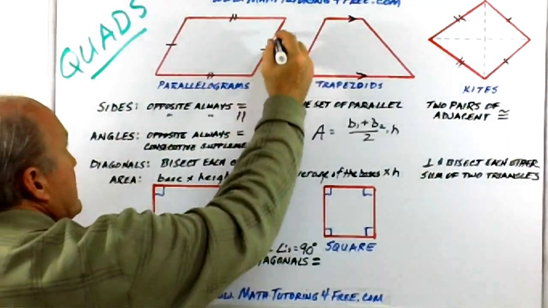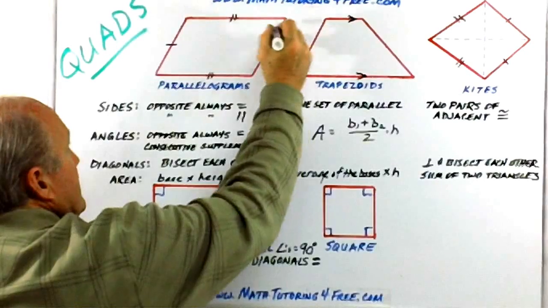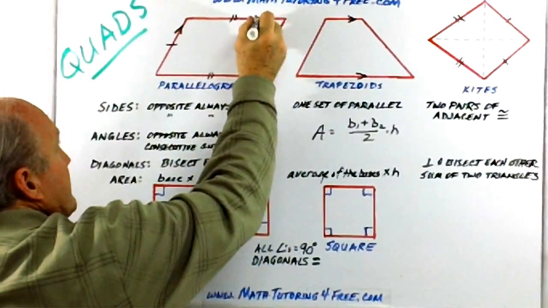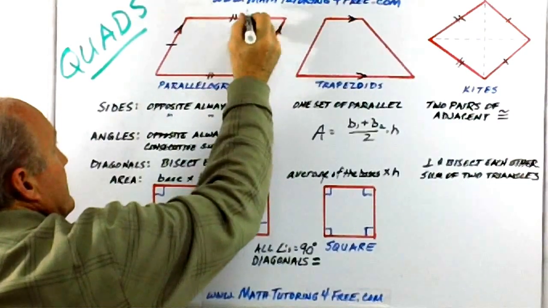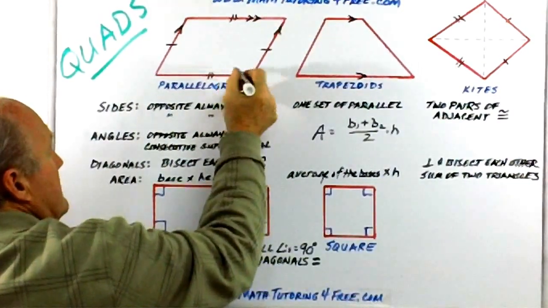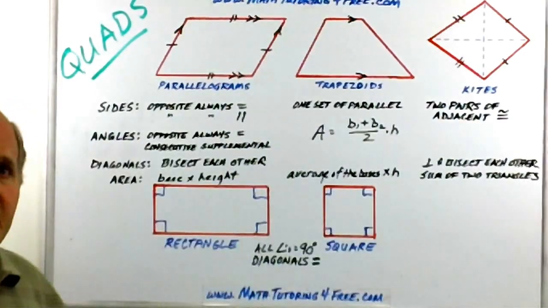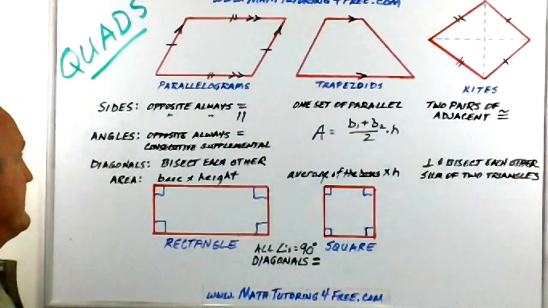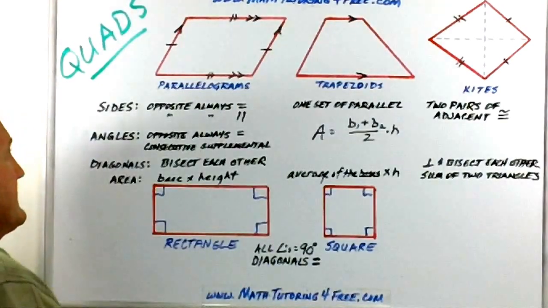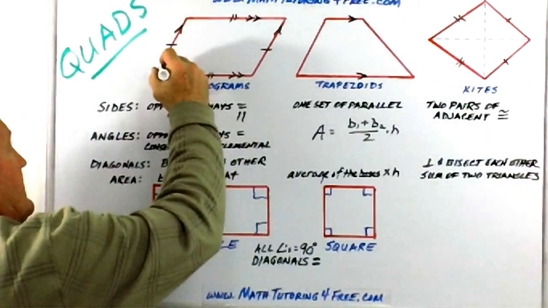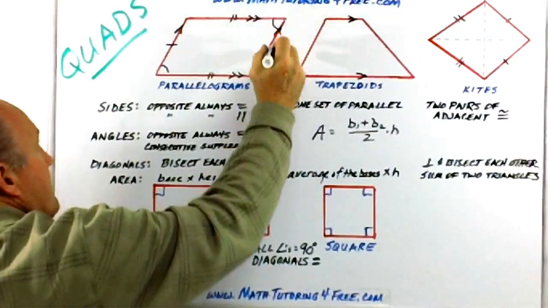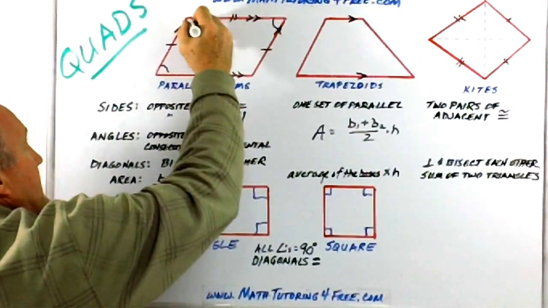And we could also show them being parallel with the arrows. One set for one, 2 sets for the others. Okay? Now, another important thing here is that the opposite angles in a parallelogram are always equal.